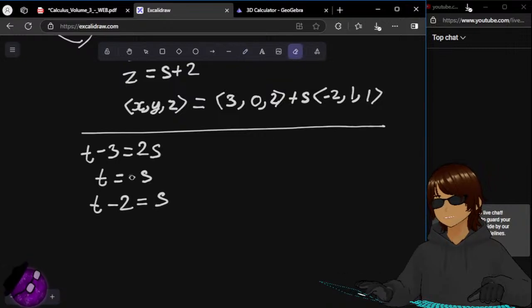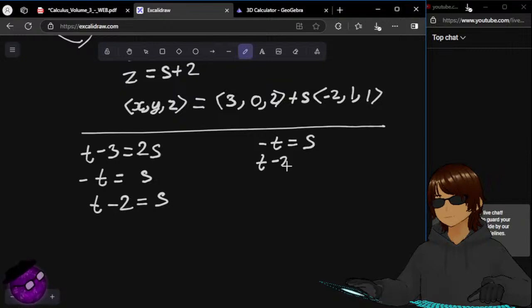I think it's easier if I subtract these.